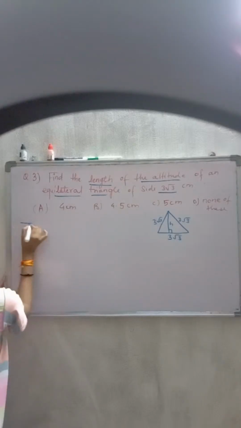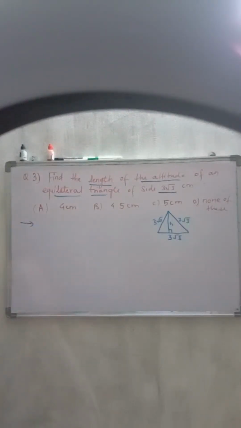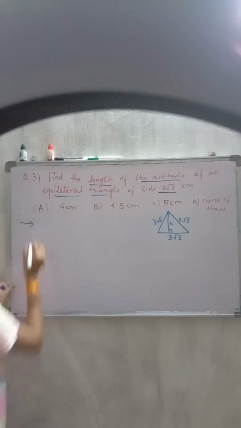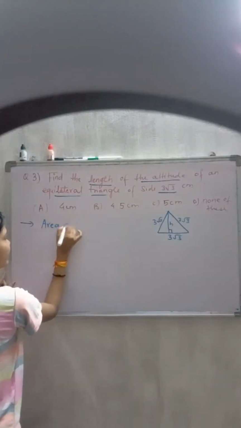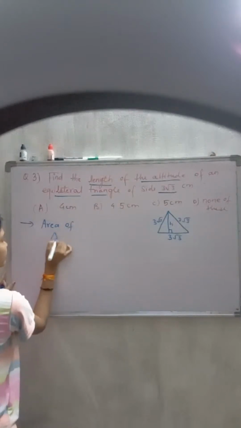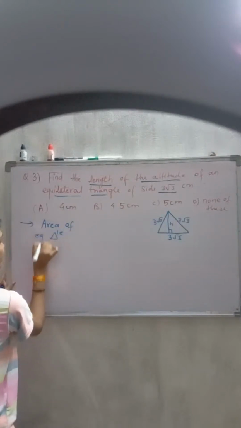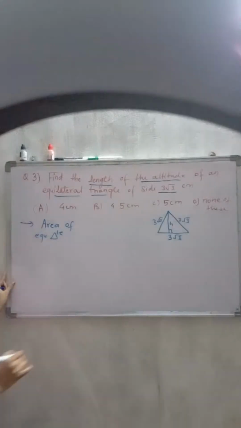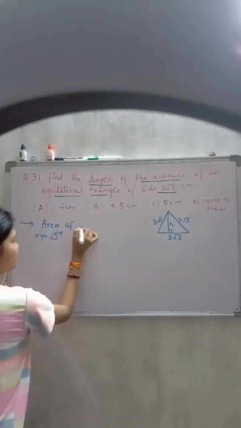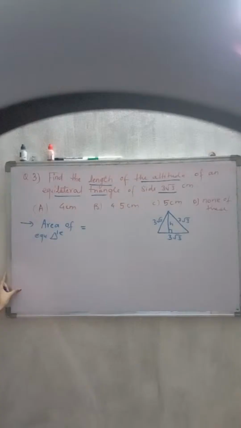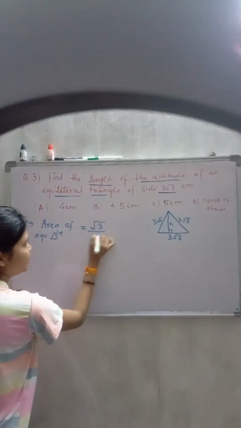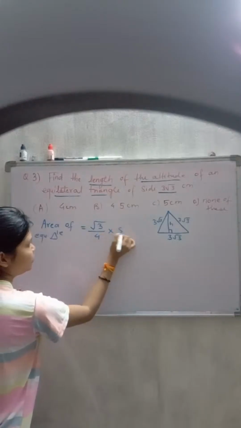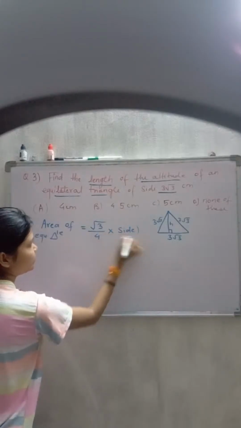Okay, so let's find the area of the triangle first. Area of an equilateral triangle is given by root 3 by 4 into side square.